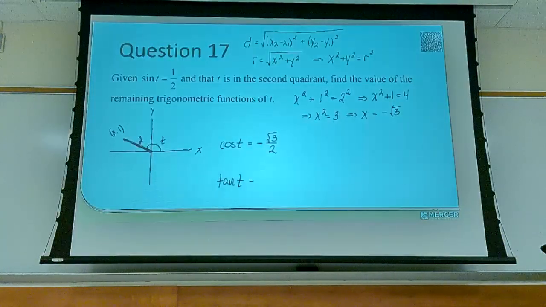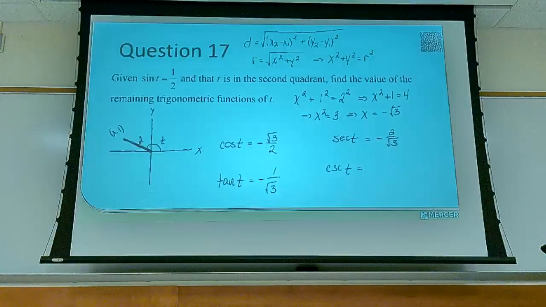Secant is the reciprocal of cosine: one over negative square root 3, which is negative root 3 over 3.